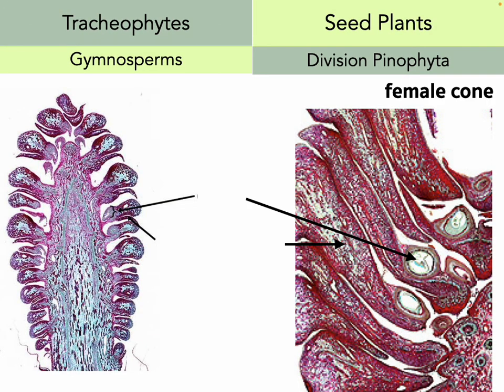Okay, so let's look at the longitudinal section of this pine cone here. So we have inside ovule and megasporophyll. What part is megasporophyll? This whole thing here, the blue part, is megasporophyll.